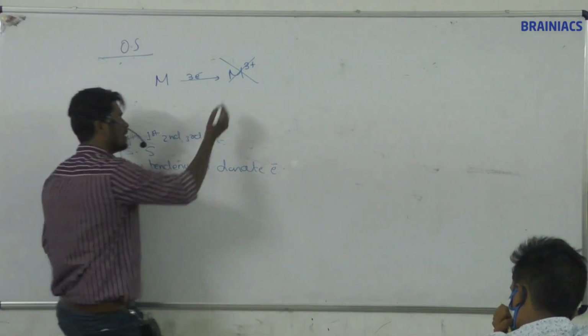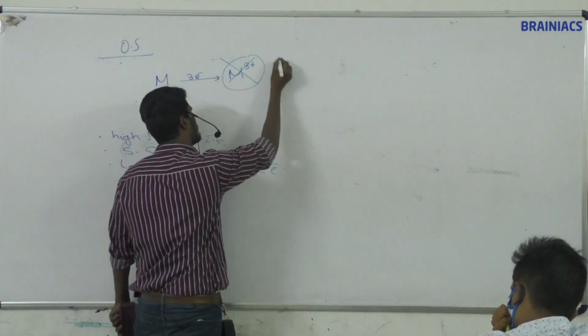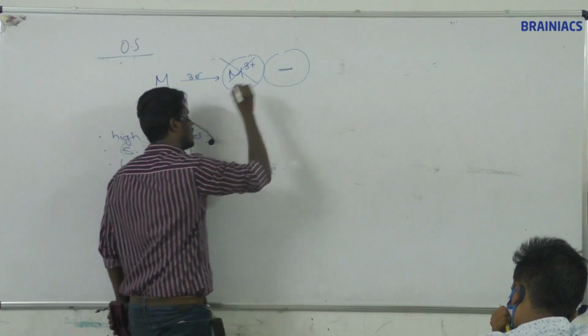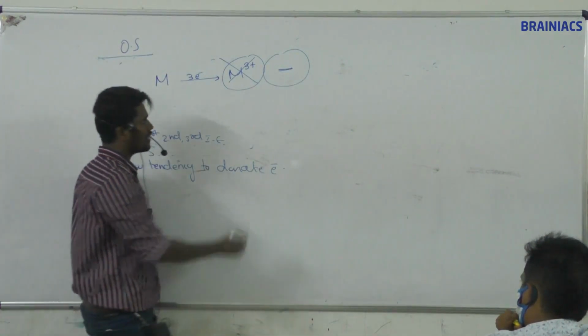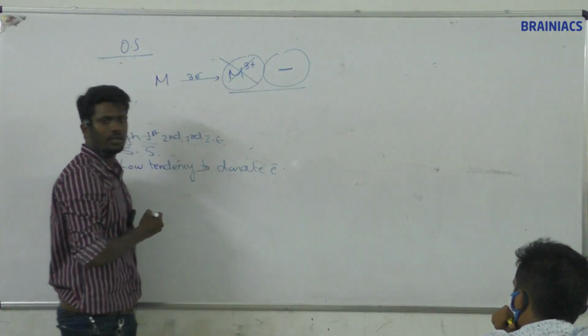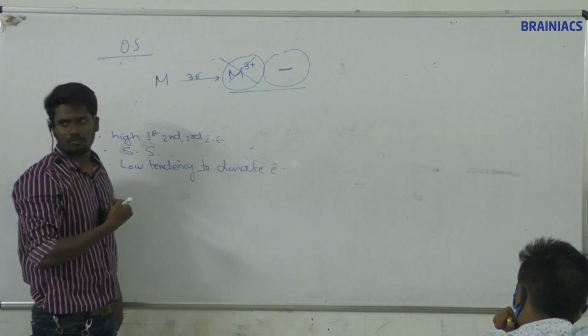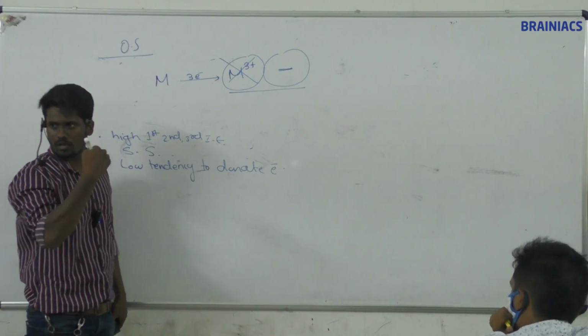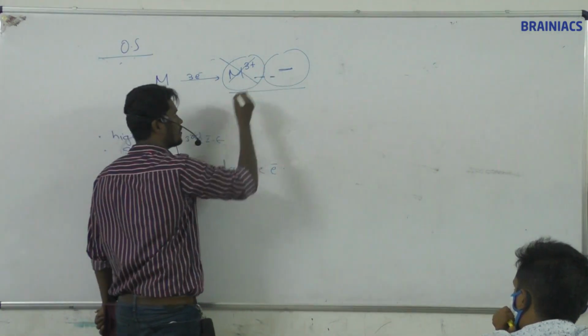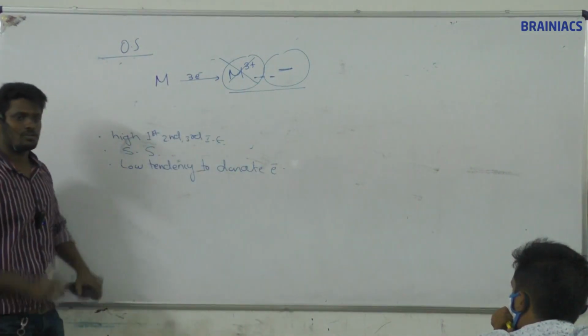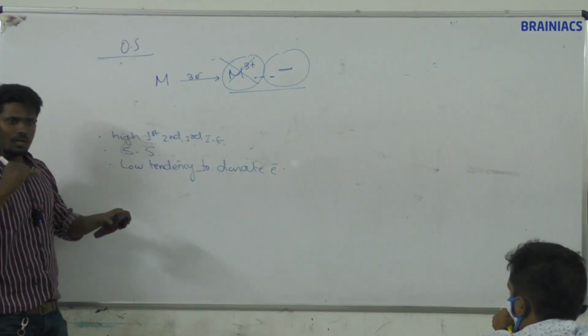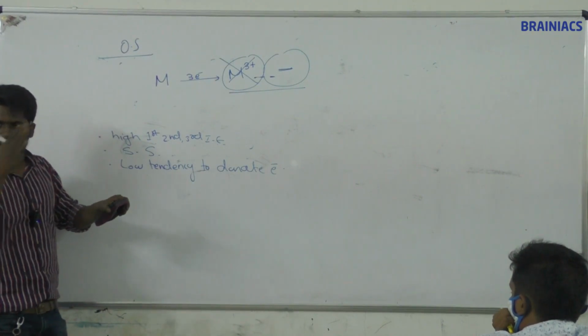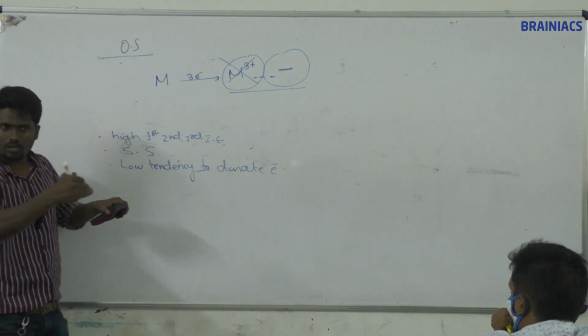Okay, so if it becomes an M3+ ion, it will combine with an anion. The compound formed will be an ionic compound, and the bond formed will be an ionic bond. So boron does not give ionic compounds and cannot form ionic bonds.